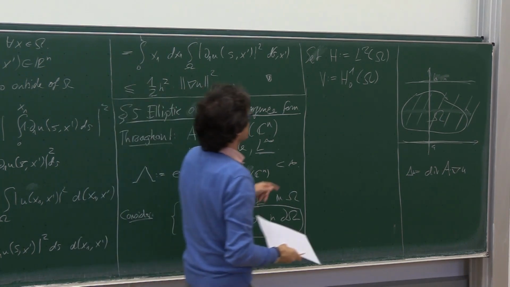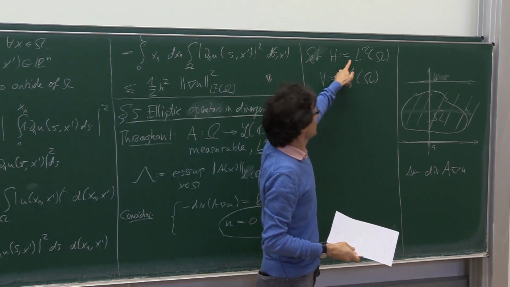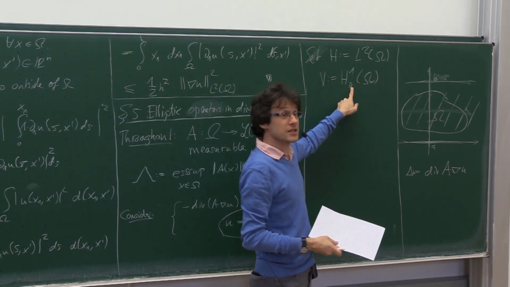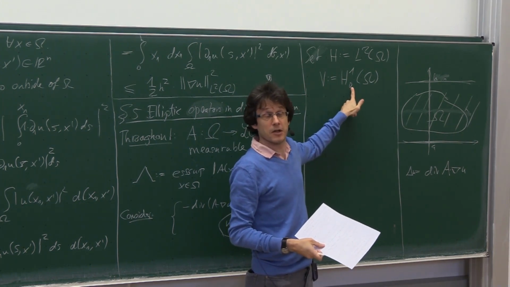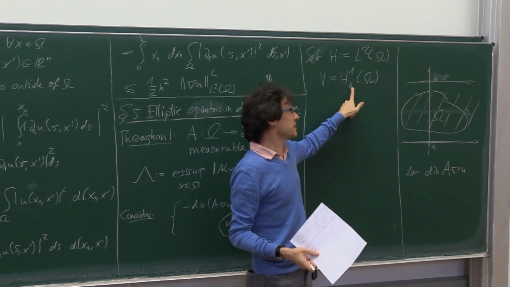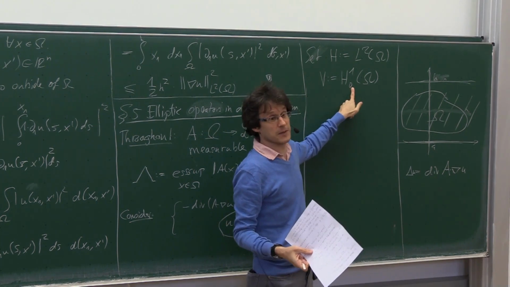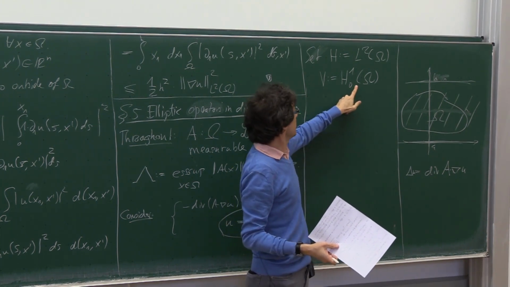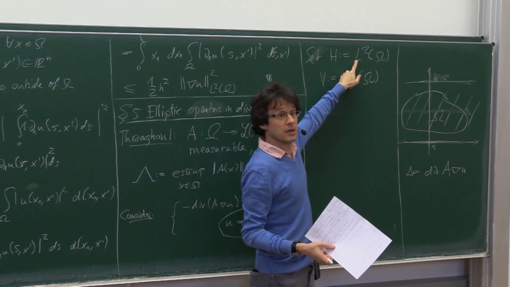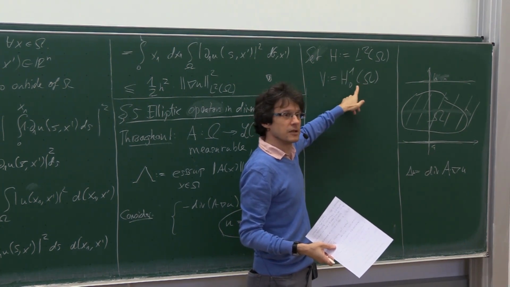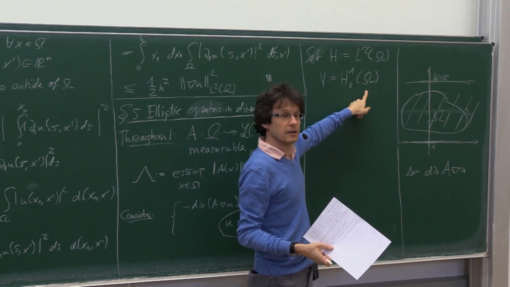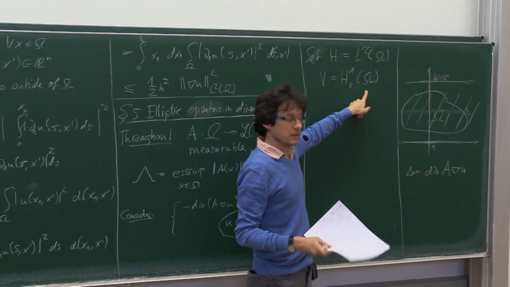And this is exactly the situation we had in lecture 2. We have a big Hilbert space. H^1_0 is also a Hilbert space because it's a closed subspace of H^1, and H^1 is a Hilbert space. Closed subspaces of Hilbert spaces are Hilbert spaces. So this is a Hilbert space that is contained in L2, and continuously included in L2. It's exactly the situation we had last week.